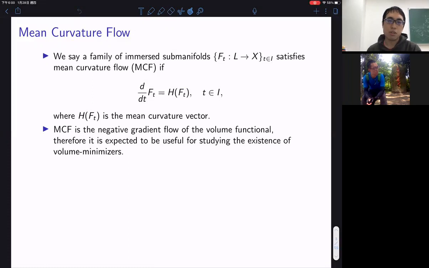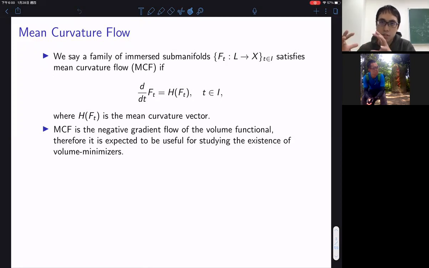That is, if we flow a compact manifold by mean curvature flow, then the volume will decrease in the fastest way.